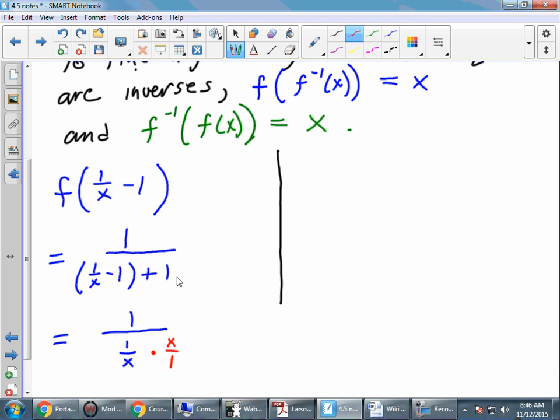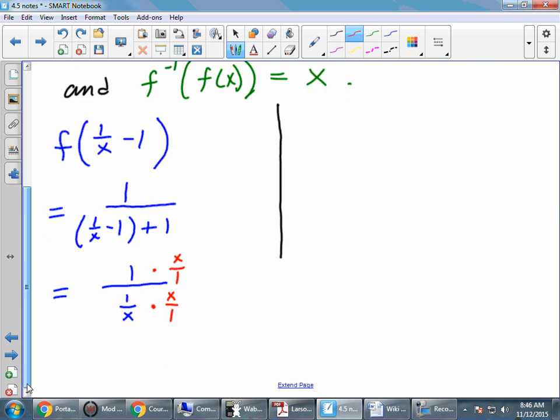But you're right, it is x. But let's just keep in mind that it is the reciprocal. And it is x. And then we get 1 times x over 1, a.k.a. x. And it works there. So far, so good. Half our job's done. But we have to check the green side. The mean green side.